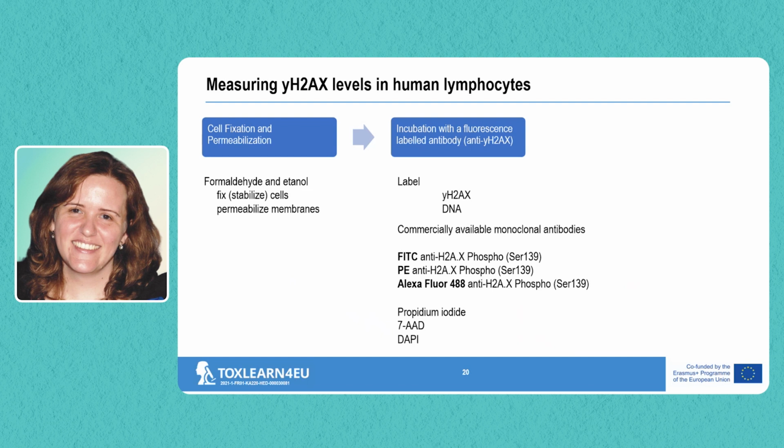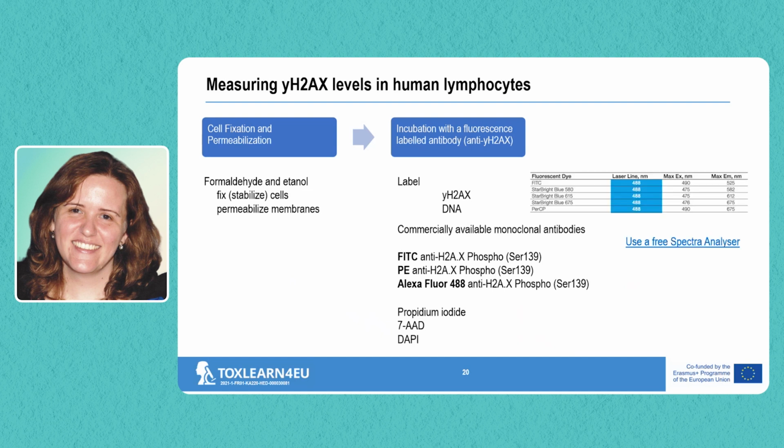So you have commercially available monoclonal antibodies. You have here, for example, the antibody conjugated with FITC, conjugated with PE, or conjugated with Alexa Fluor 488. For DNA, you have also different options. There are a number of fluorescent dyes that you can use and that will stain DNA.